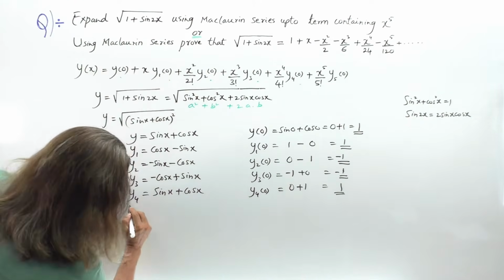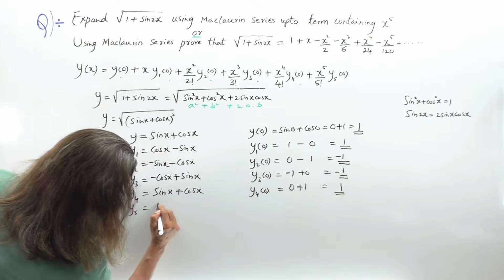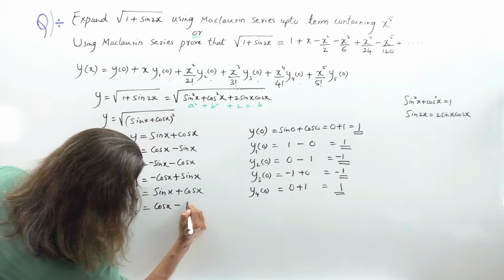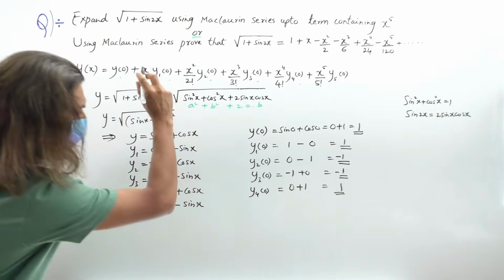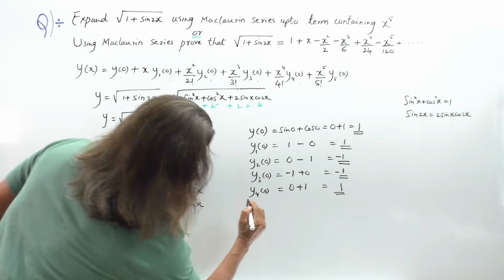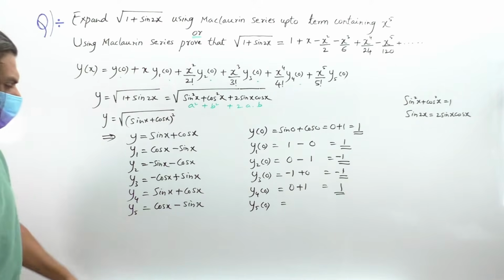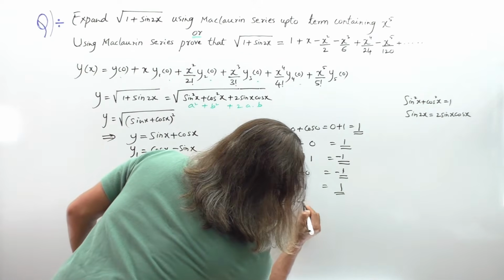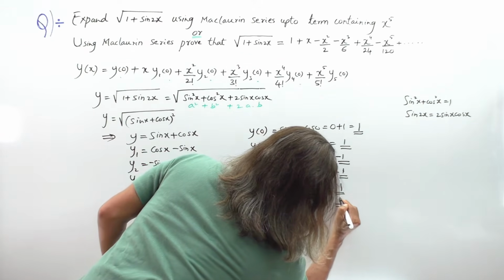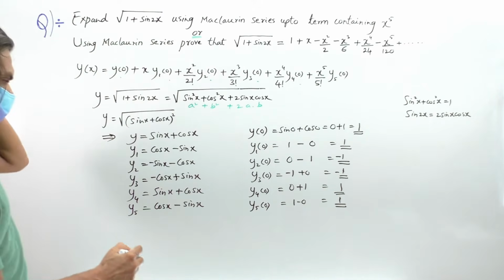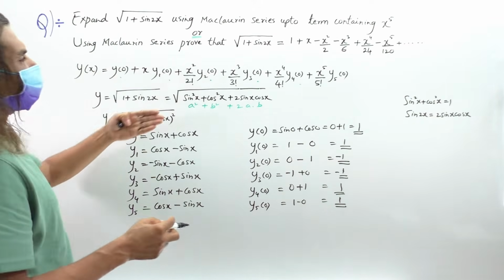So, y5 is the differential of sin x which is cos x, and of cos x which is minus sin x. So, clearly in a very simple way, y5 of 0 is cos 0 which is 1 minus 0, that will be 1. That's it.